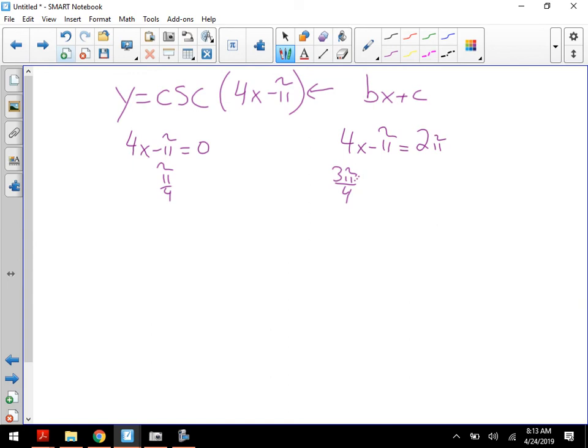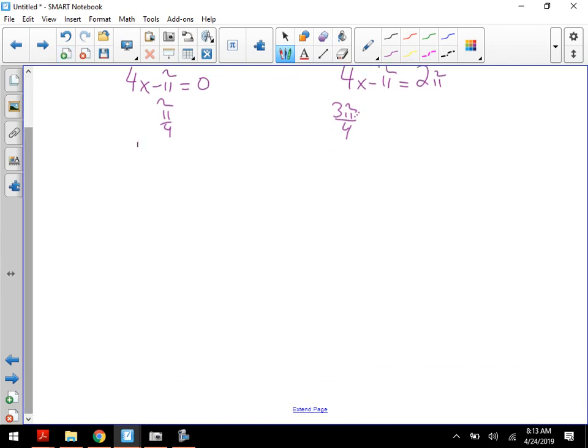So I know that it's going to start at pi over 4, and it's going to end at 3 pi over 4. What's halfway between pi over 4 and 3 pi over 4?